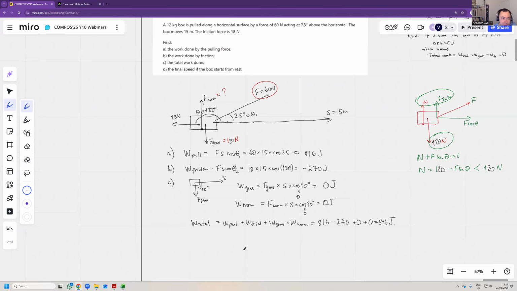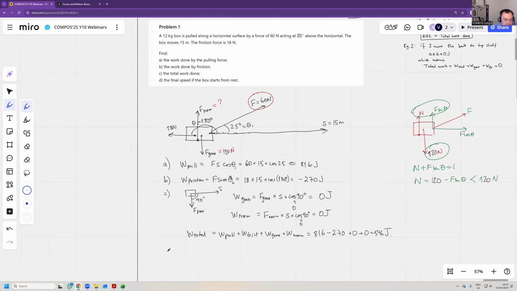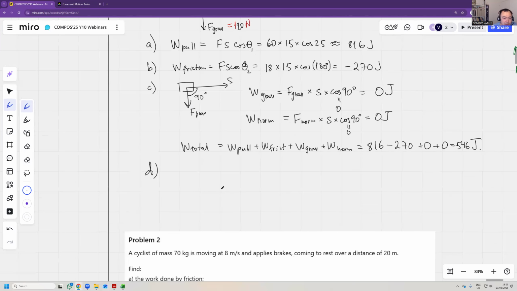So the final speed of the box, if it starts from rest. Here we use the work energy principle. The change in kinetic energy of the box is equal to the work done. So 1/2 mv squared, that's the kinetic energy, is going to be 546.